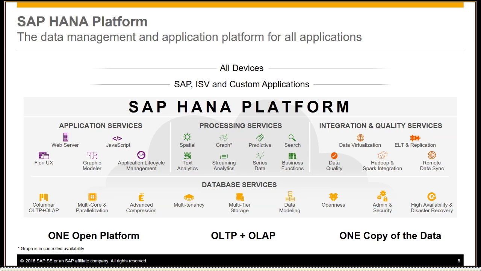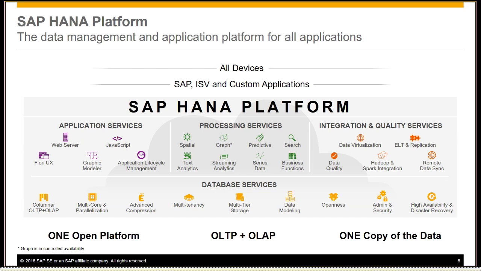So essentially what it means is, by leveraging SAP HANA Platform, you can greatly simplify your analytical data system requirements. That means you can perform both transactional and analytical data loads on the same copy of the data simultaneously.